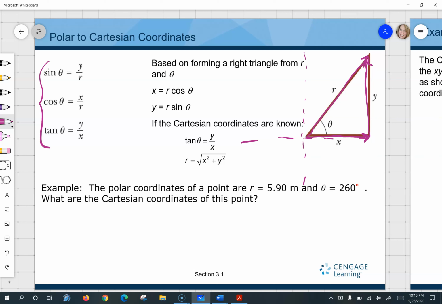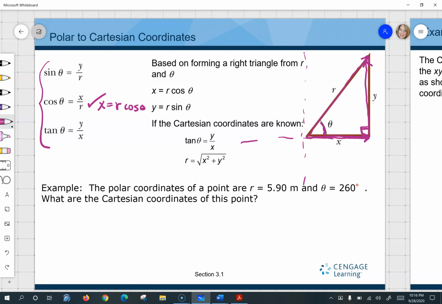Well, how could we find the length of x or y? You would then say, okay, I need the length of this right triangle, and here's my angle theta, here's the length. So if I solved this for x, it would turn out to be x is equal to r cosine theta.